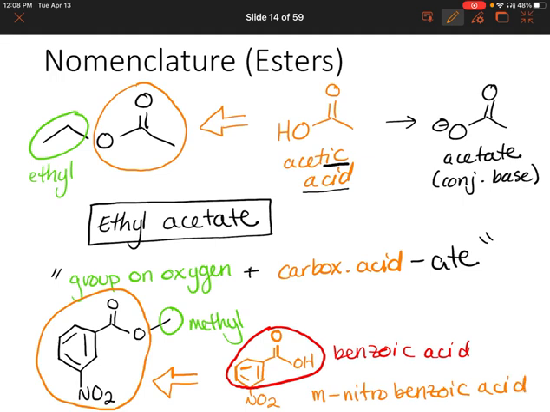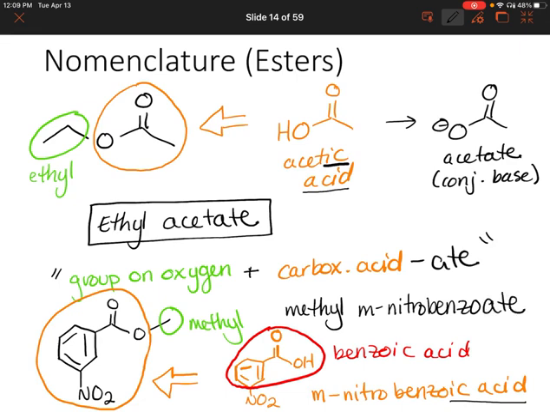Okay, so now we have to piece all of that together. Again, we start with the substituent, or the group on oxygen, which is methyl. And then we use our carboxylic acid name, m-nitrobenzoic acid, except we're going to replace the ic acid with ATE.